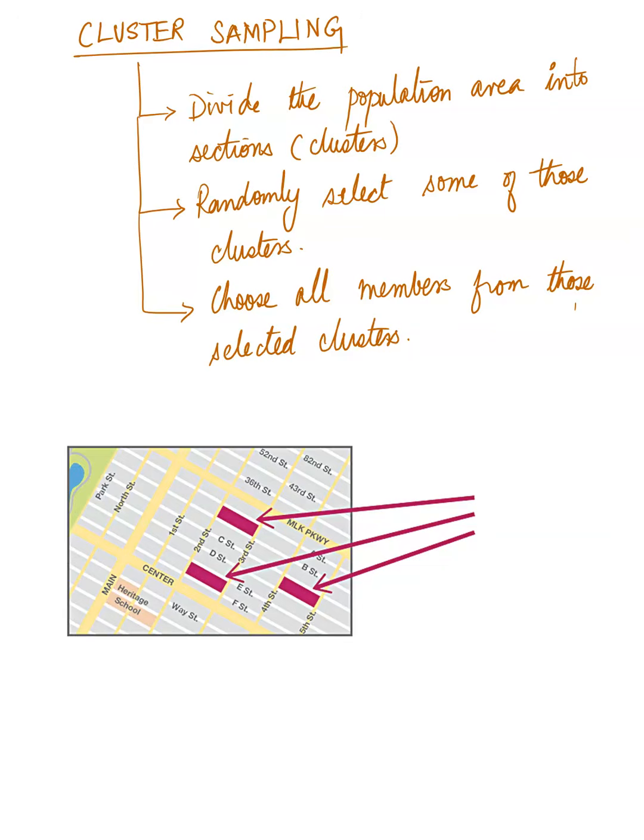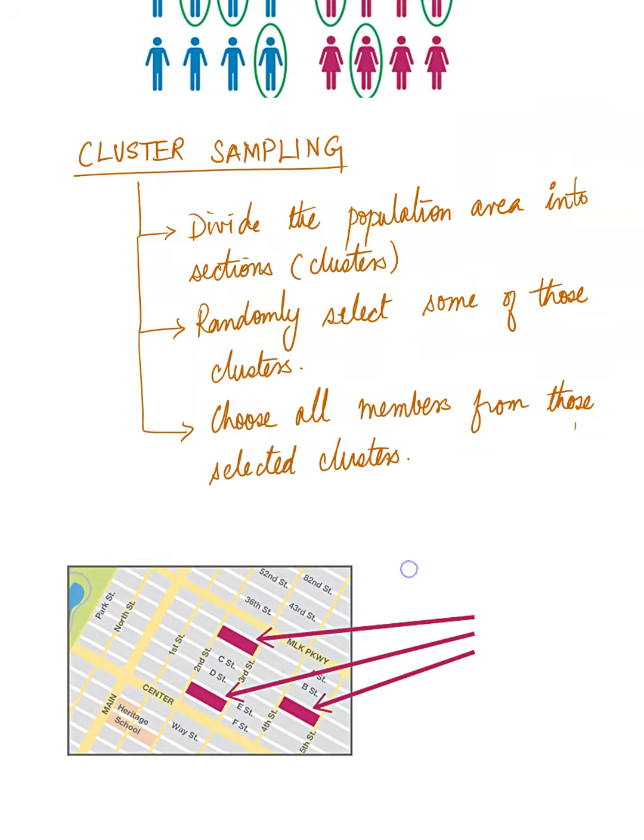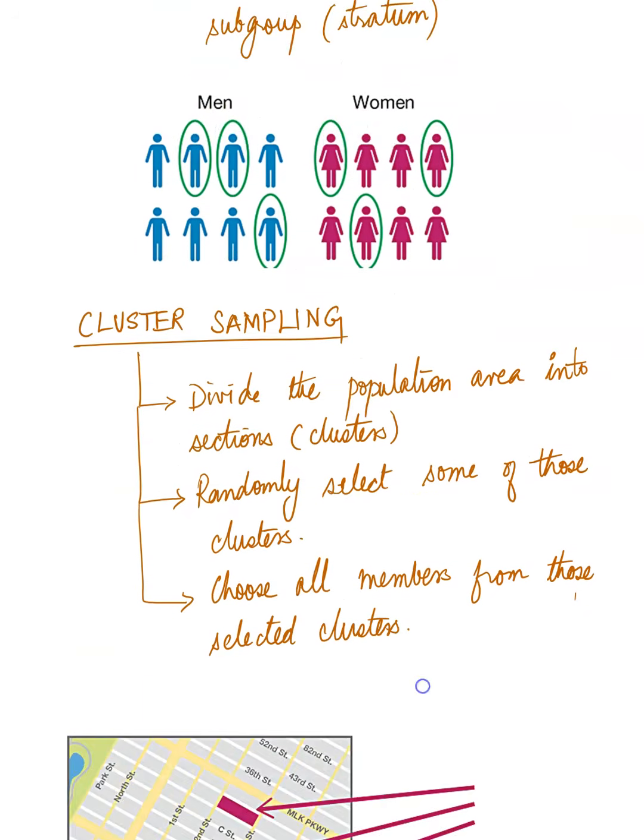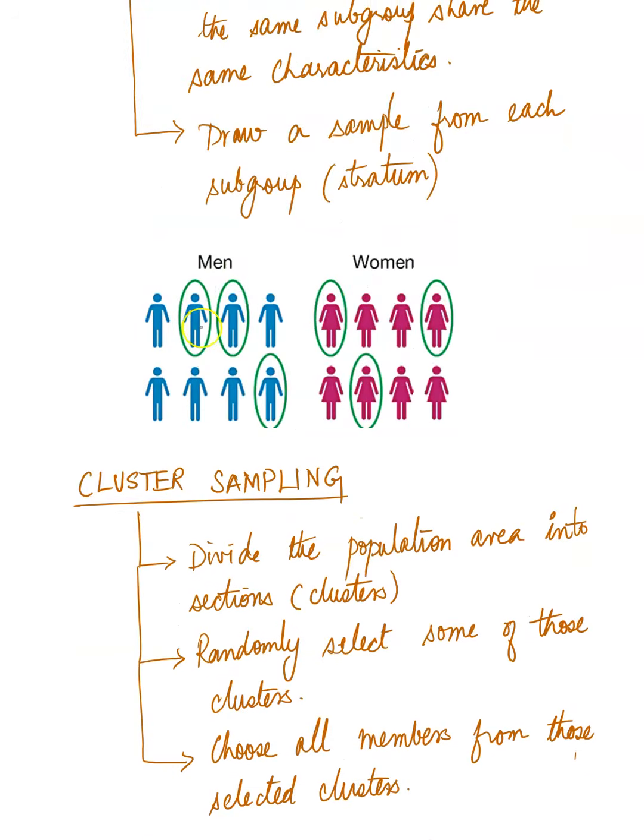So with that, we kind of conclude on the sampling methods. However, to make it even more robust, we have multi-stage sampling, where you could have a combination of these sampling methods to create a new sampling method. So if you go back to stratified sampling, you draw a sample from each subgroup, right?